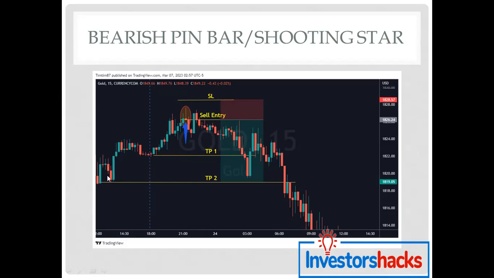Then after this low, the second low is here at TP2, and you put your take profit at that point. You can see the market came all the way to that point, and actually it even continued all the way down. So this is how you trade the bearish pin bar or shooting star.